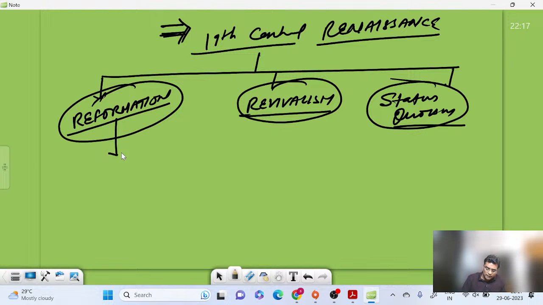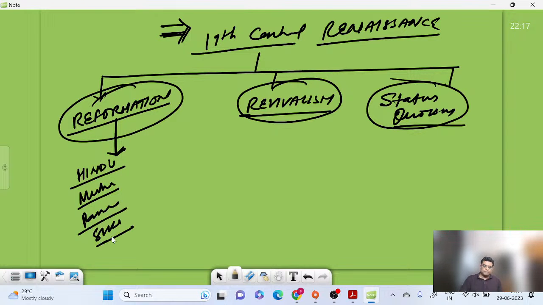So Reformation, I'm not only talking about the reform in the Hindu society. There was reform in the Hindu society, Muslim society, and the Parsis also. There was reform in Sikhism. So here the reformers were confined to their religious cult, and they were looking into the reformation of their religious theme.